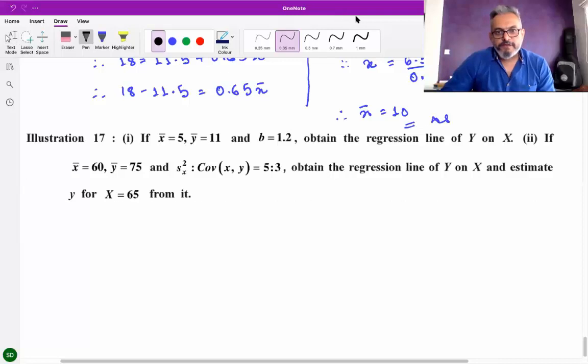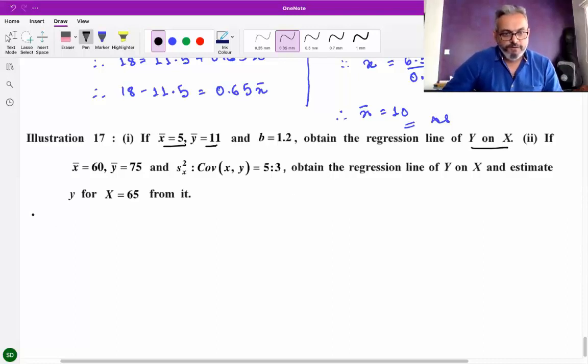If x bar is equal to 5 and y bar is equal to 11 and b is equal to 1.2, obtain the regression line of y on x.